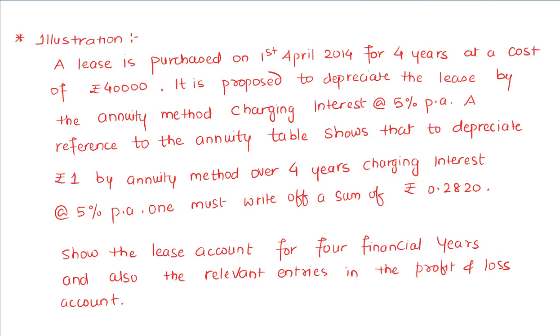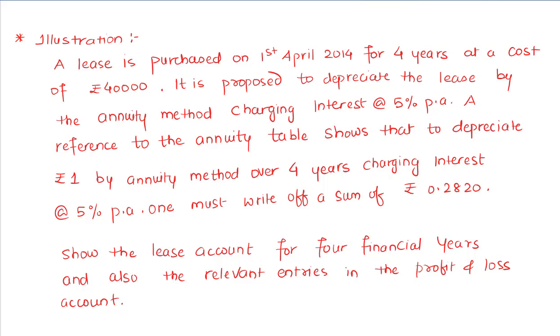Kindly see the question once more quickly. A lease is purchased on 1st April 2014 for 4 years at a cost of 40,000 rupees. It is proposed to depreciate the lease by an annuity method by charging interest at the rate 5% per annum.